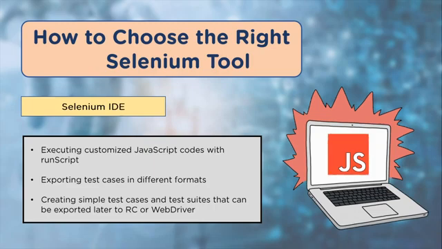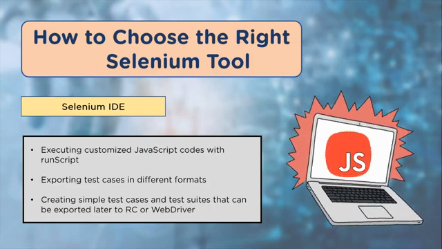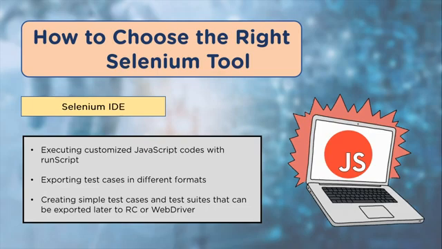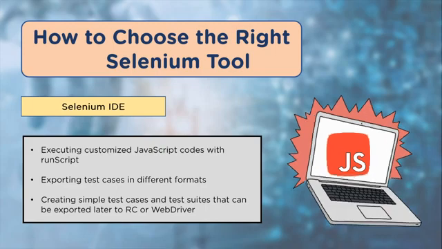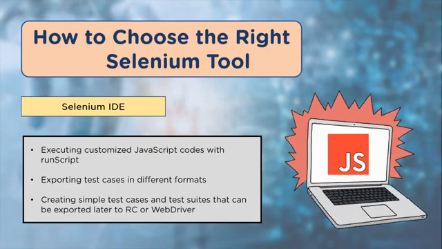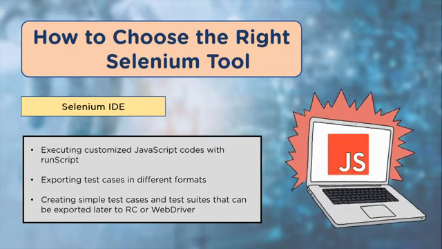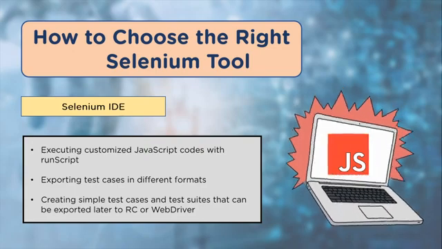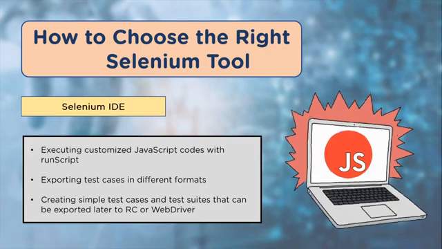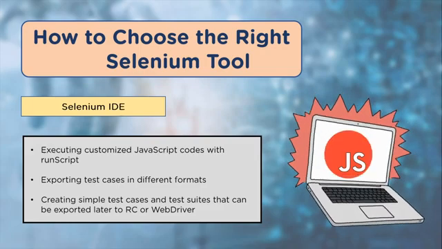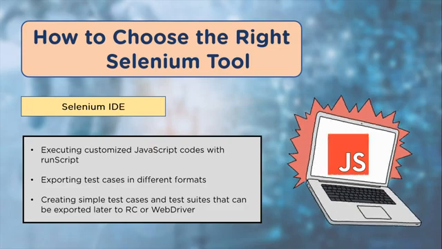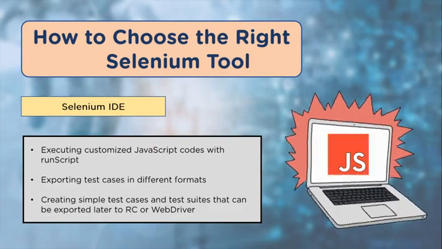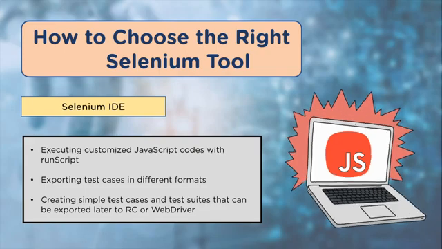These concepts include Selenese commands such as type, open, click and wait, assert, verify, etc. The concepts also include locators such as ID, name, XPath, CSS selector, etc. Selenium IDE enables the execution of customized JavaScript code using run script and exporting test cases in several different formats. The IDE is used to create tests with a limited amount of knowledge in programming, and these test cases and test suites can be exported later to RC or WebDriver.